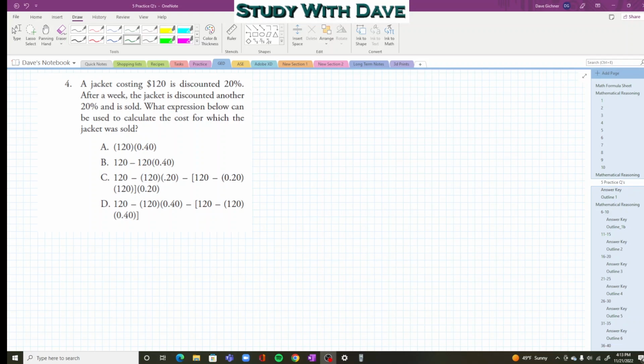Okay, so because this one's a little confusing, here's how I would first do it, just to show you, because these expressions down here are confusing. So let's just understand how this works first.